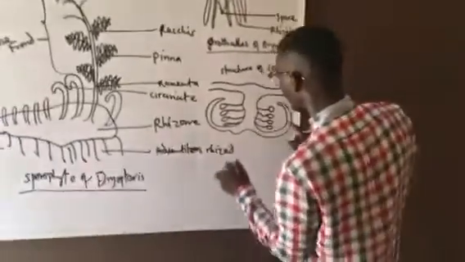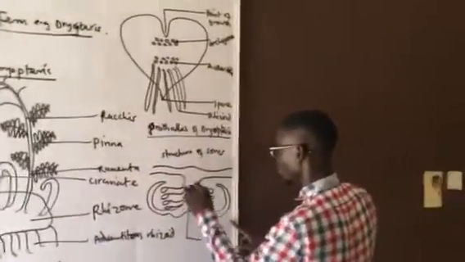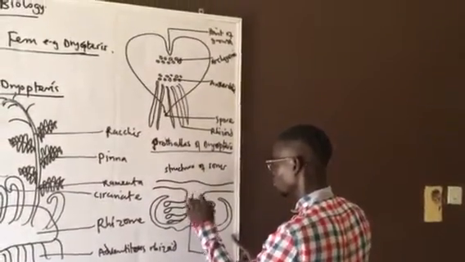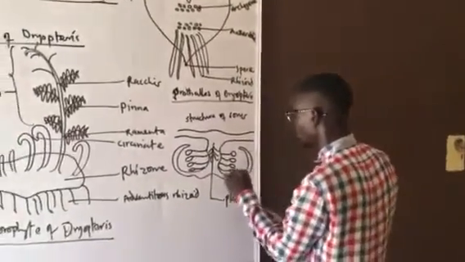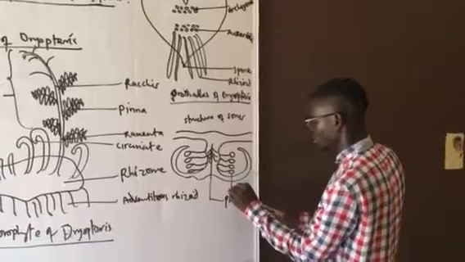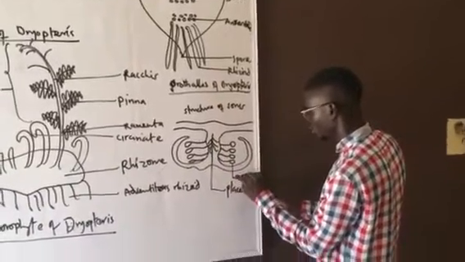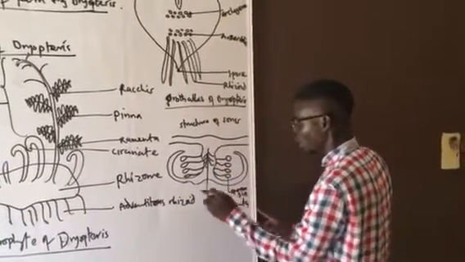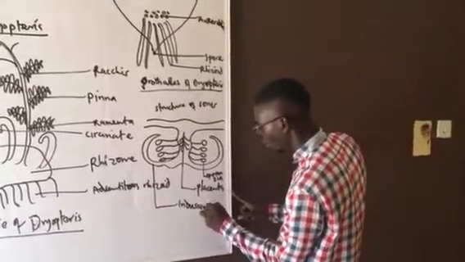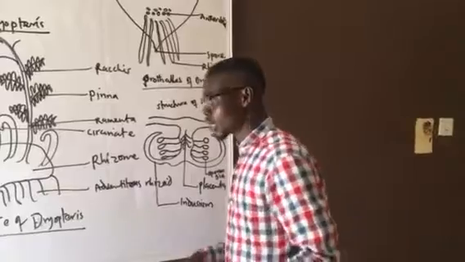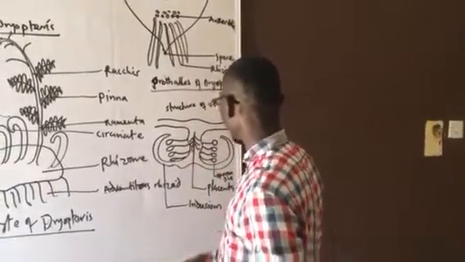And I say inside the sorus we have the placenta, we have the sporangia, we have the indusium. So those are the parts. So the spores are inside the sporangia.